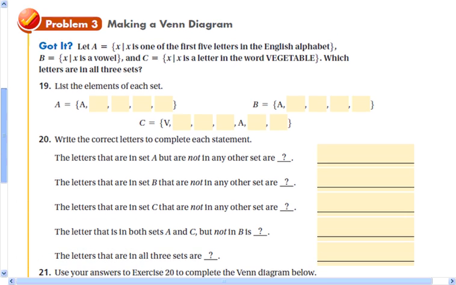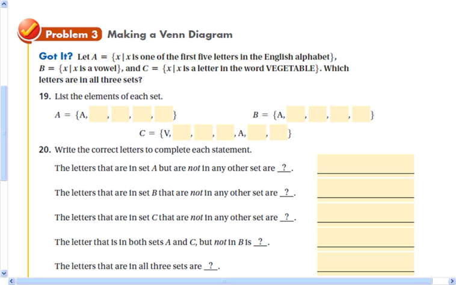All right. So making a Venn diagram here. Let A equal x such that x is one of the first 5 letters of the English alphabet. So that would be A, B, C, D, E. And B is all x such that x is a vowel. And then C is a letter of the word vegetable.